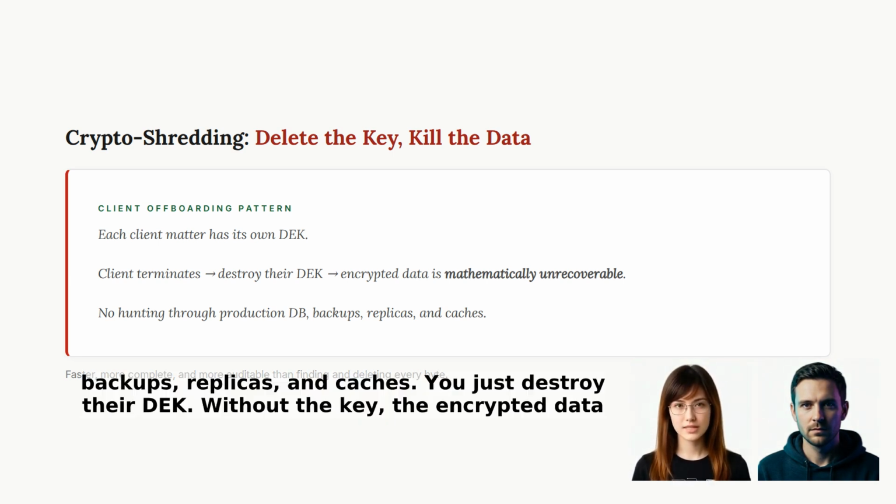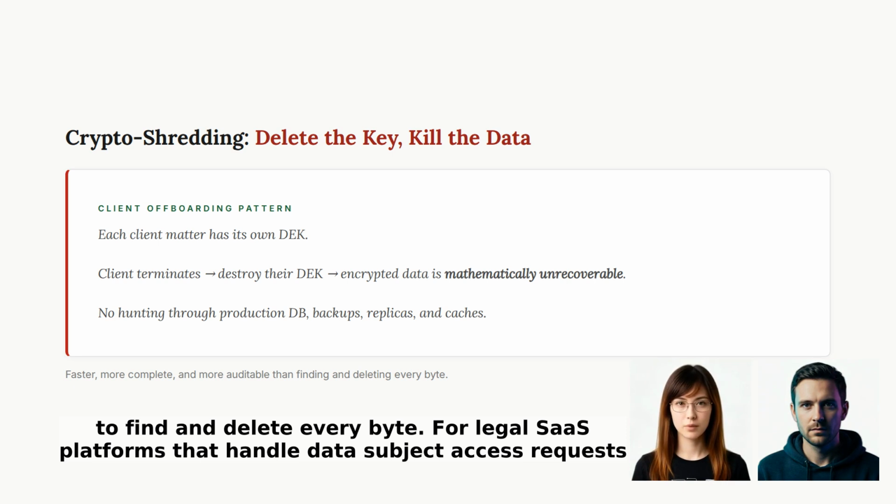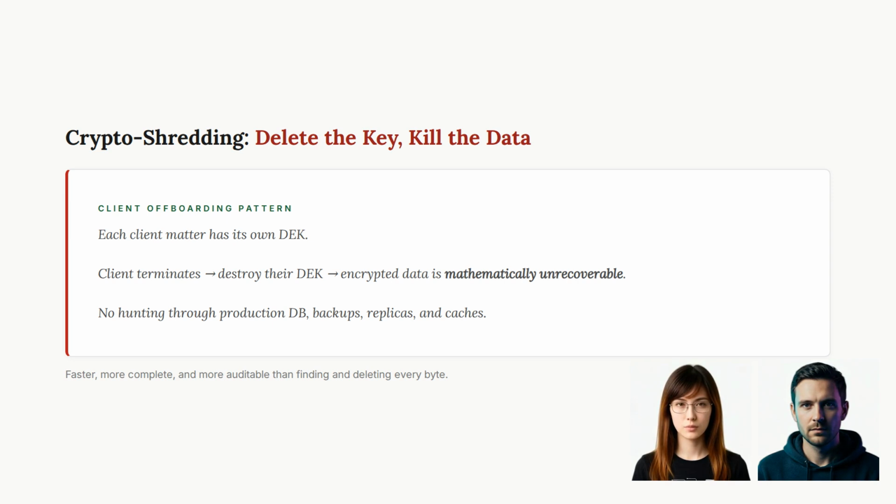You just destroy their DEK. Without the key, the encrypted data is mathematically unrecoverable. It's faster, more complete, and more auditable than trying to find and delete every byte. For legal SaaS platforms that handle data subject access requests under GDPR or client offboarding, crypto shredding is one of the cleanest architectural patterns available.